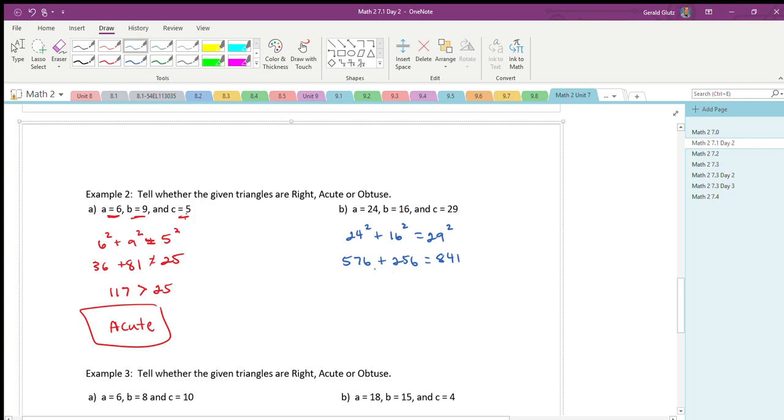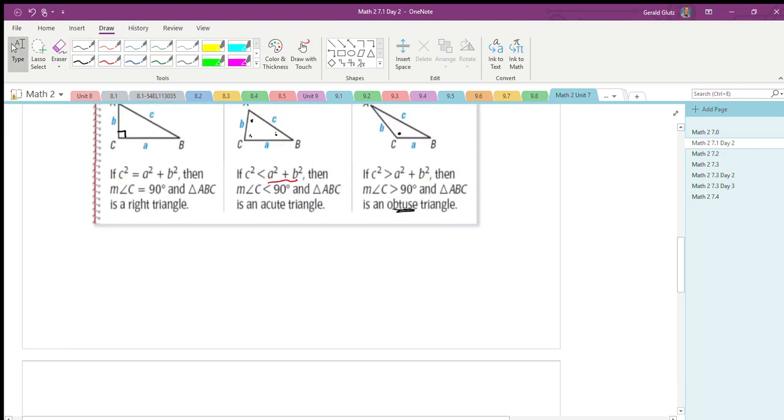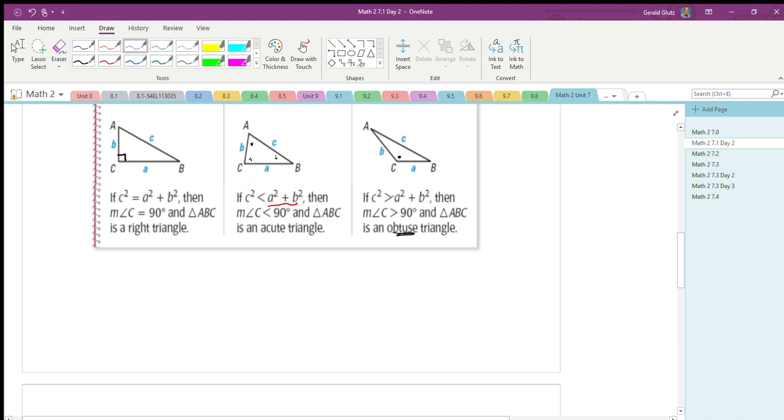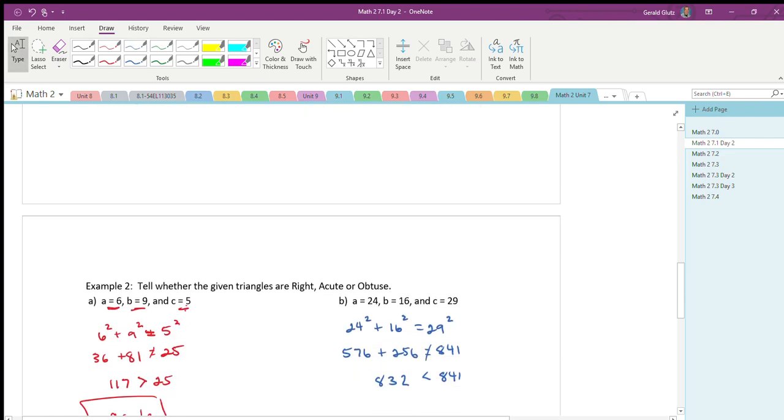If I add these two numbers up, I would get 832. They're definitely not equal to each other. This time, a squared plus b squared is less than c squared. If I go back up here, a squared plus b squared less than c squared is obtuse. So this would be an obtuse triangle.